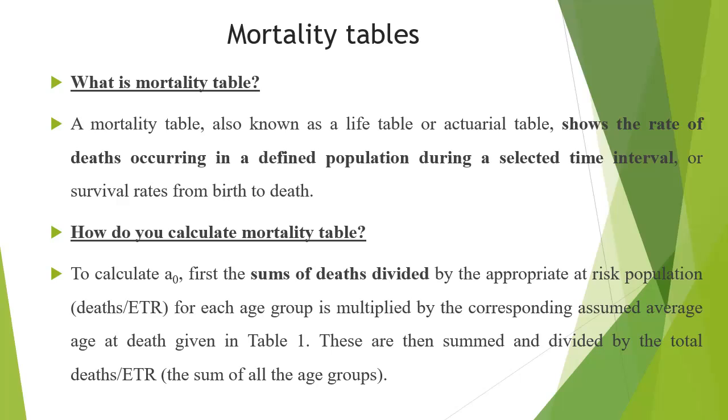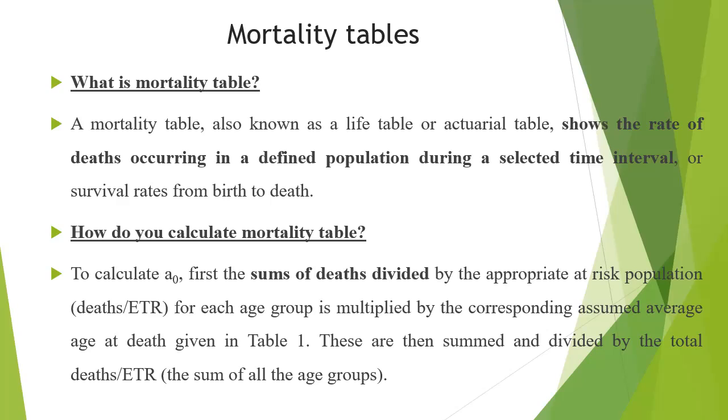The question arises, what is a mortality table? A mortality table, also known as a life table or actuarial table, shows the rate of death occurring in a defined population during a selected time interval, or survival rates from birth to death. How do you calculate the mortality table?